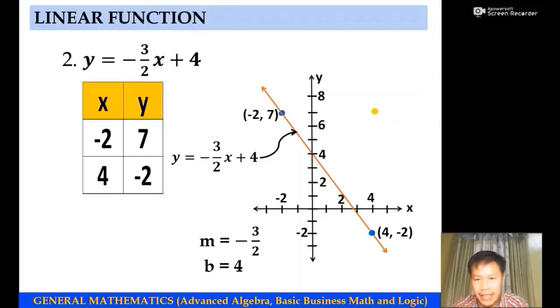Just a while ago it was positive, and today it is negative. From here, go to the left, and that's negative. Positive 9 divided by negative already. This is 1, 2, 3, 4, 5, 6. Positive 9 divided by negative 6 is negative 3 halves.